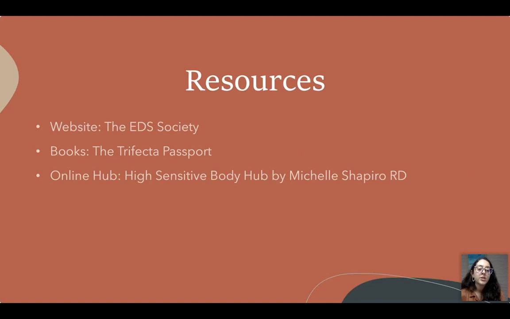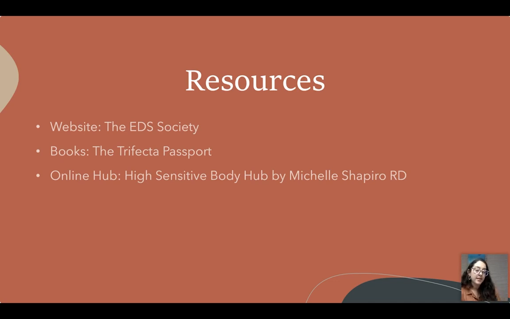And then resources. There are many more resources than these, but these I have found very helpful. So the EDS Society goes much more in detail on EDS, and then HSD. The Trifecta Passport has been one of the best books that I have found that talks about the trifecta: hypermobile EDS, POTS, and also MCAS.